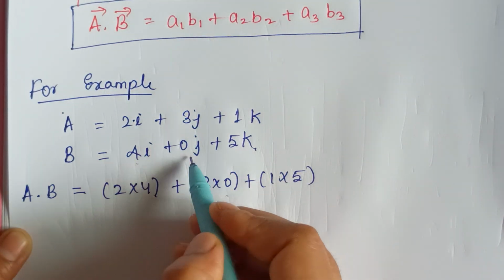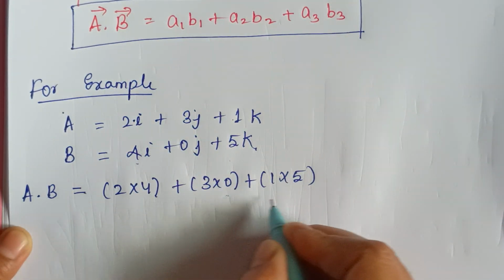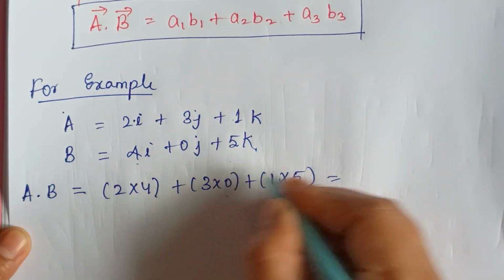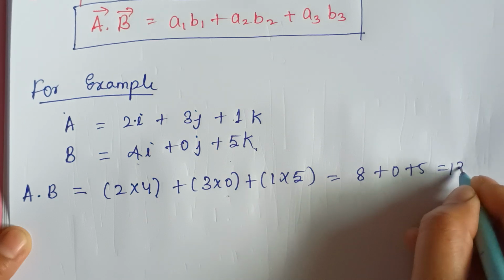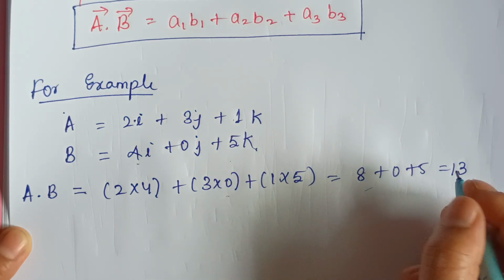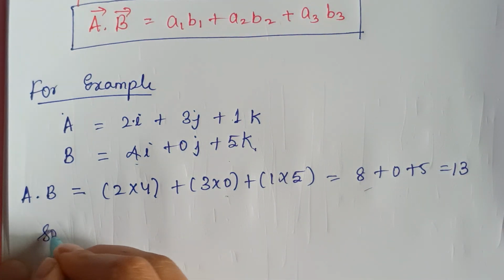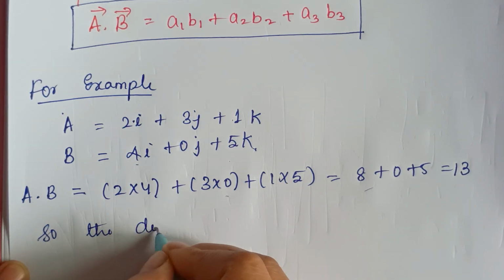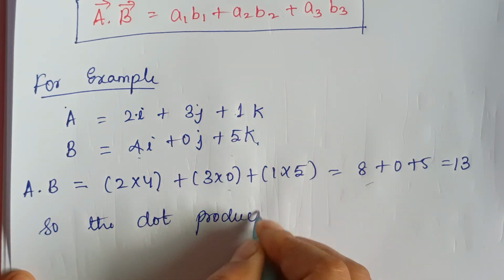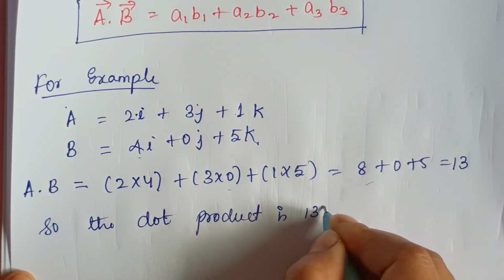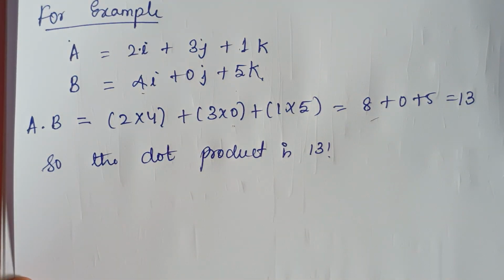Adding them all up, 2 fours are 8, plus 0, plus 5, equals 13. So the dot product is 13.